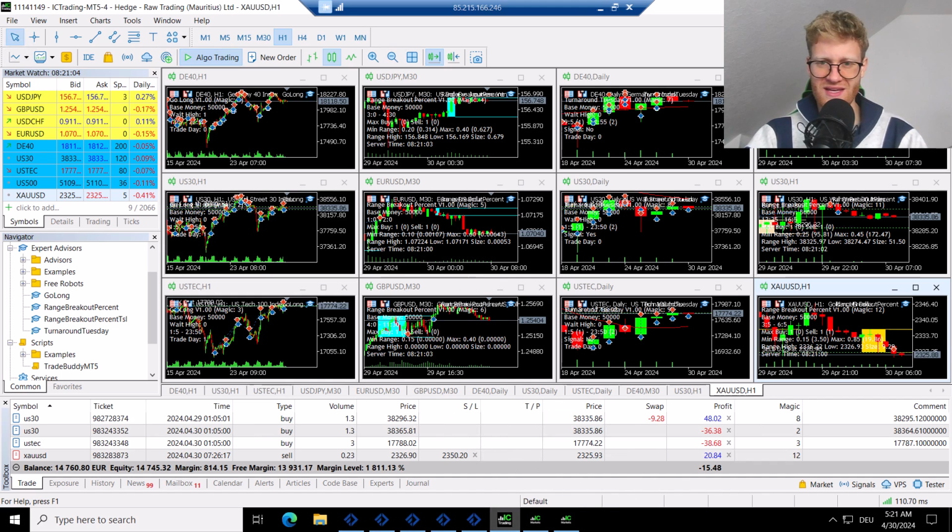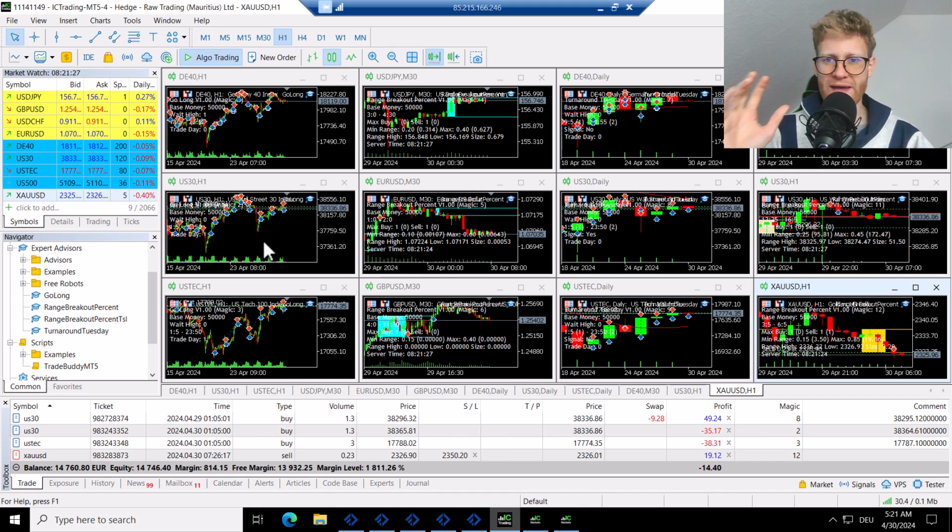I also think it's a great addition having gold here, since I had a little bit more focus on the indices. I also did some risk adjustments for the indices, to make it not super overweighted on the indices, but of course they still have a little bit more weight.